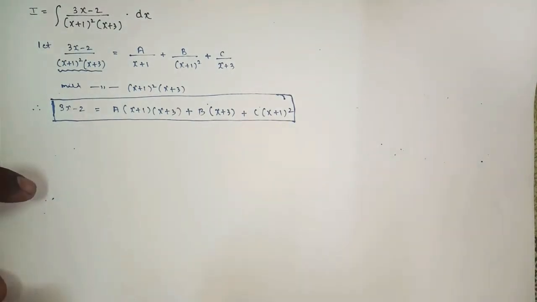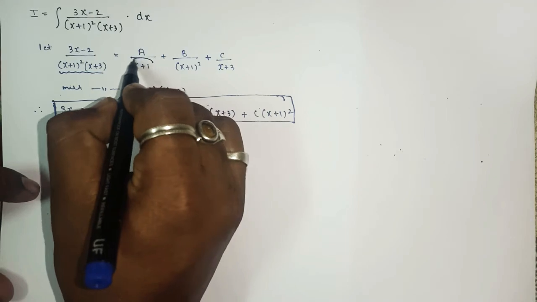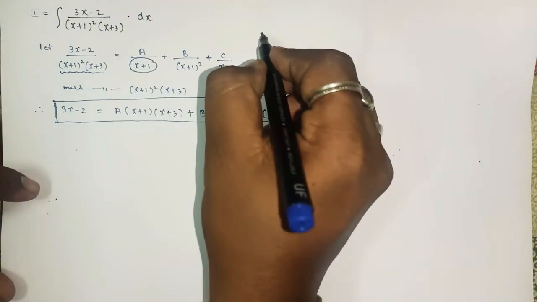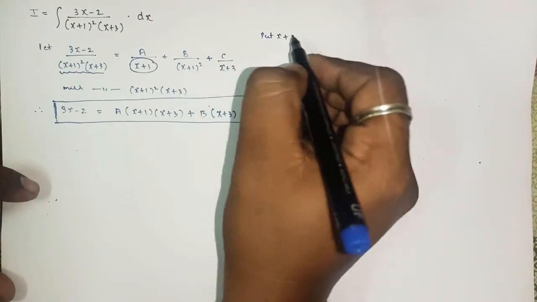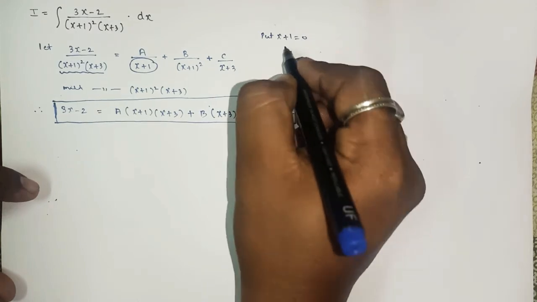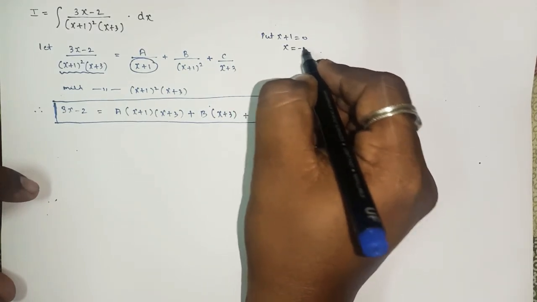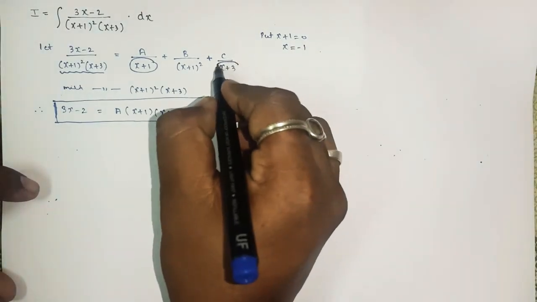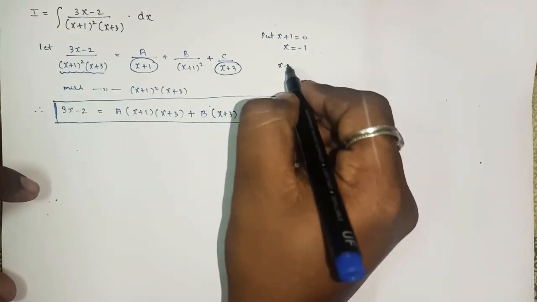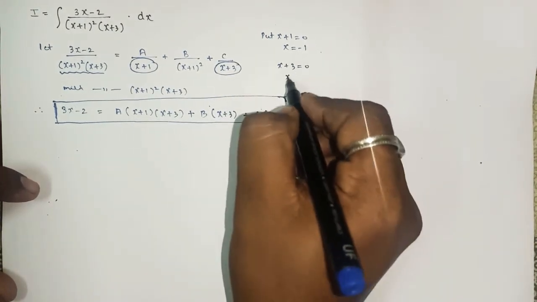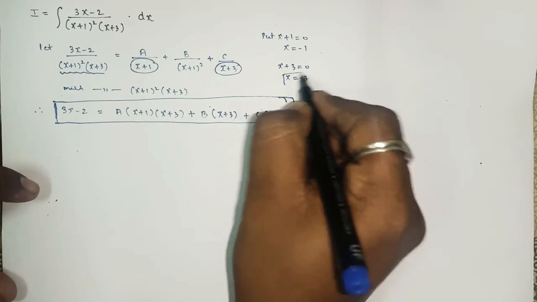Because from here you will get one value of x, if we put x plus 1 equals 0, here you will get one value of x as minus 1, and from here you will get the second value of x.